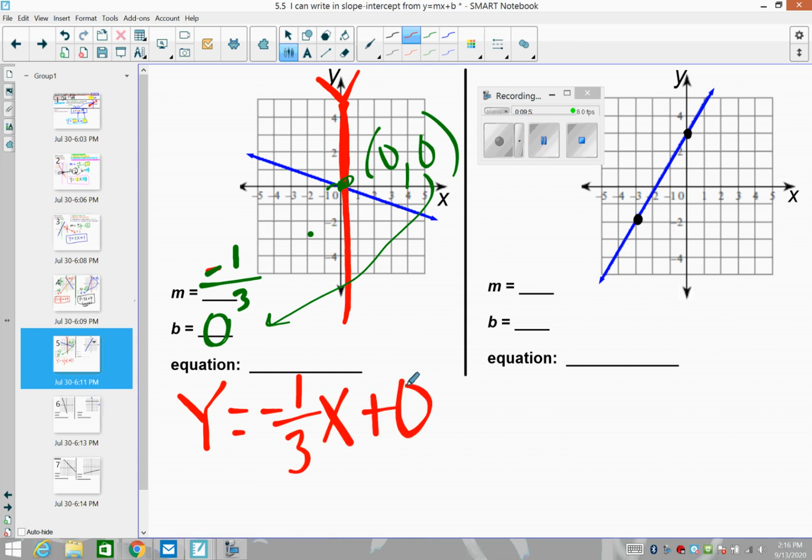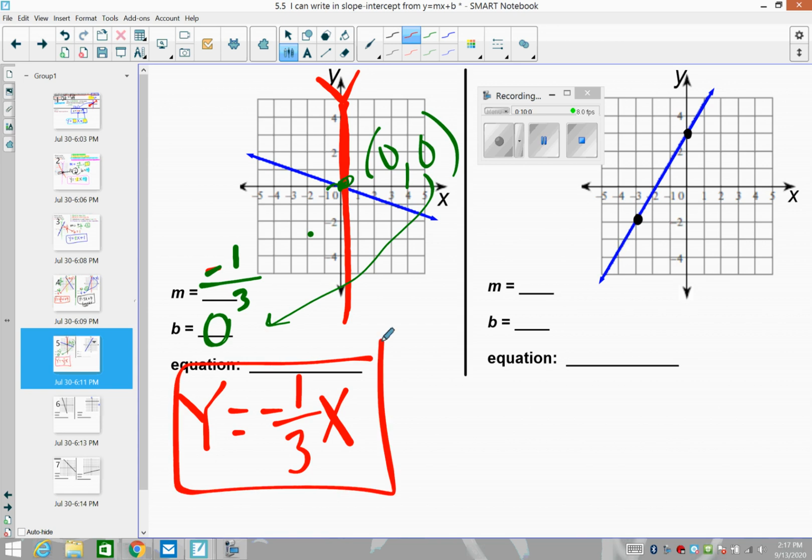Now in mathematics, we don't write plus 0 because there isn't a change. It's that 0 property. When we add 0, there isn't any change to the problem. So we actually leave the y-intercept completely off there. So your final answer in simplest form really is y equals negative 1/3 x. And we keep off that plus 0. Hopefully you did okay on that.